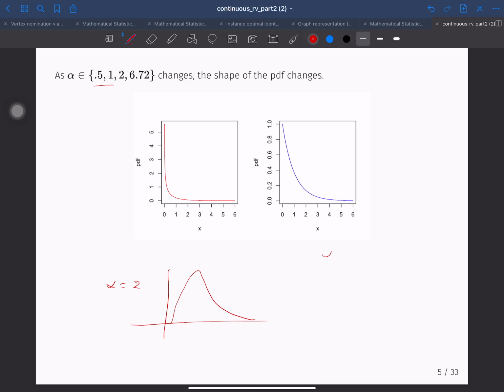And for alpha equal to 6.72, it will look quite a bit more symmetric. Here it looks a little bit skewed to the left, and now here it looks more symmetric. So the alpha parameter changes the shape of the PDF.